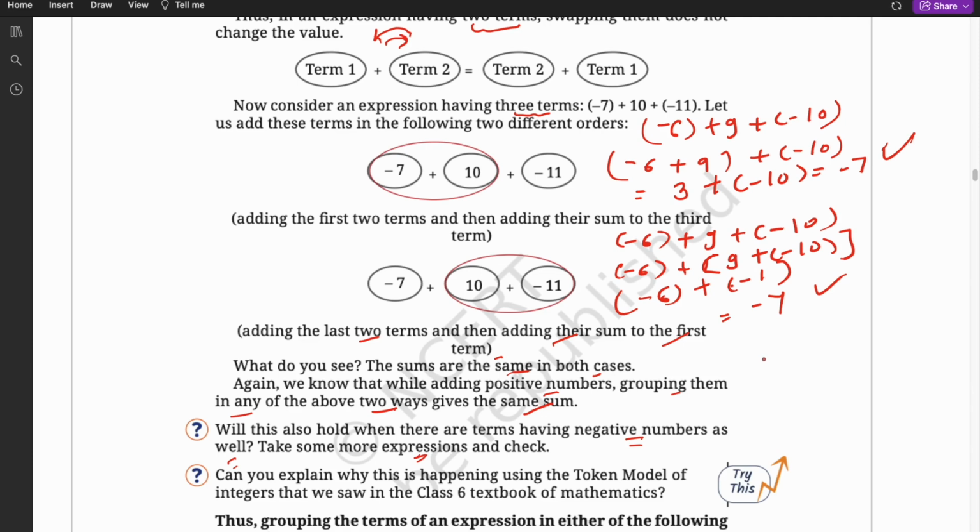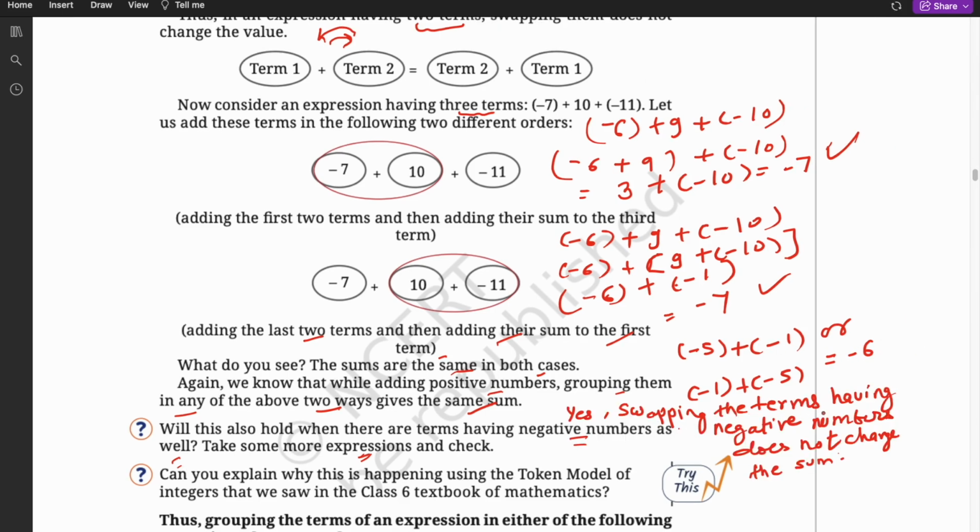So yes, swapping the terms having negative numbers does not change the sum. For example, जैसे हमने लिया -5 plus -1 और you can write -1 plus -5. Answer is, दोनों का answer क्या आएगा? -6. So yes, swapping the terms having negative numbers does not change the sum.